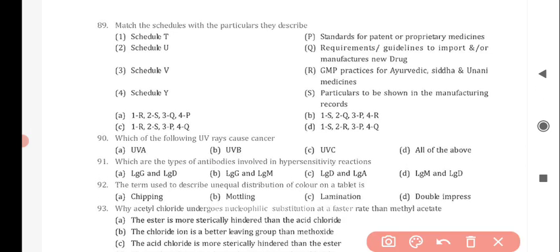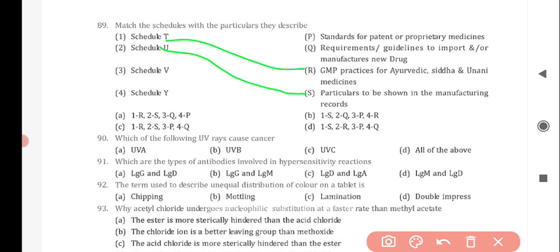Next question is, match the schedules with the particulars they describe. First schedule, that is schedule T, it correctly matches with option R, that is GMP practices for Ayurvedic, Siddha and Unani medicines. For schedule S, it correctly matches with option S. Schedule U, it correctly matches with option S, that is particulars to be shown in the manufacturing records.